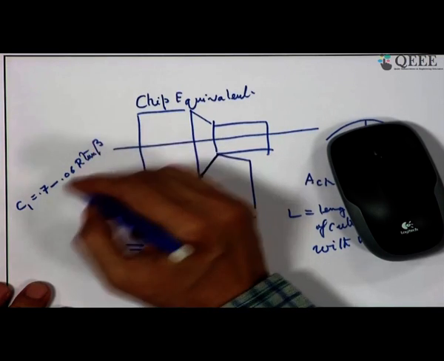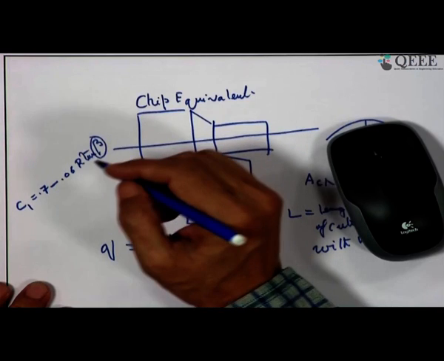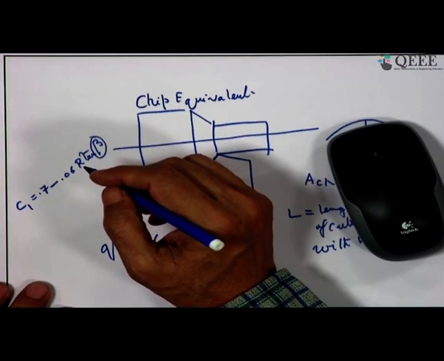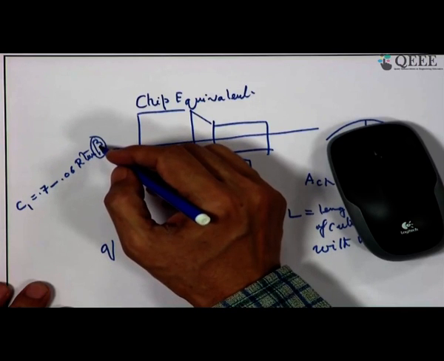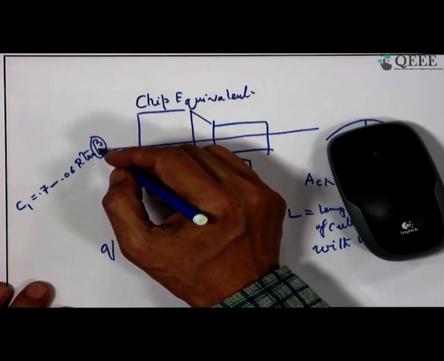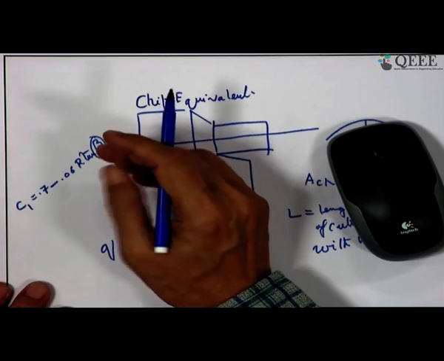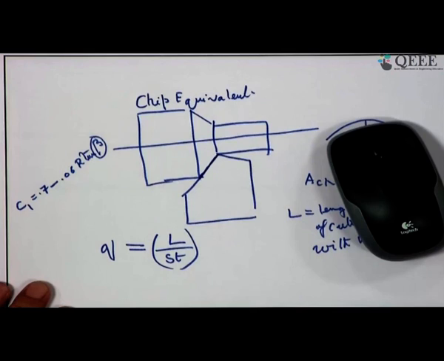So it is the tan beta, the shear angle component, that comes here, and that is why we say this proportion, which flows back to the workpiece, depends on the shear angle.